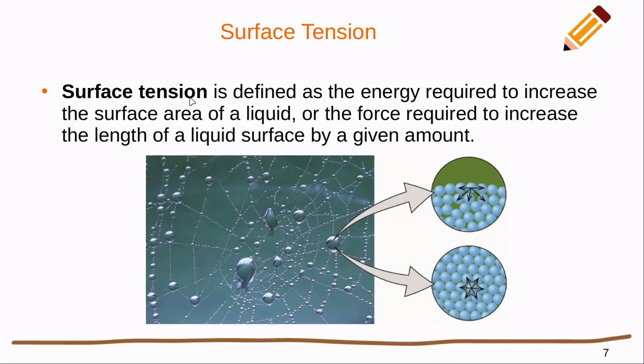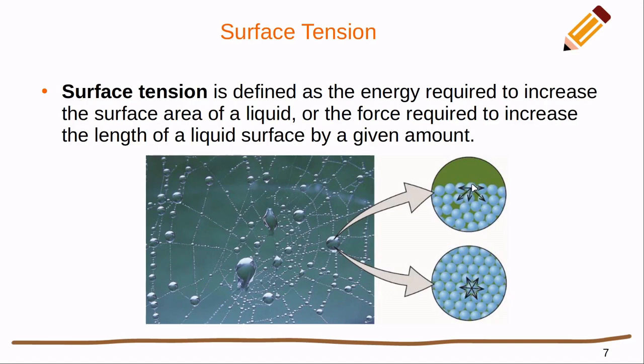First, we'll talk about a result of cohesive forces, surface tension. Surface tension is defined as the energy required to increase the surface area of a liquid, or the force required to increase the length of a liquid surface by a given amount. So basically what happens is in the center of a drop, it has these IMF forces that are coming in from every angle, in 3 dimensions.